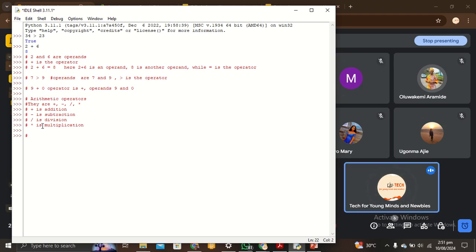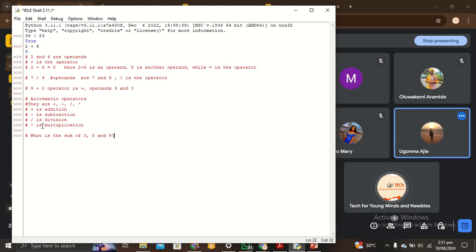So if I have a question: what is the sum of 3, 8, and 9? Who can write the Python code that will show us the sum of 3, 8, and 9?